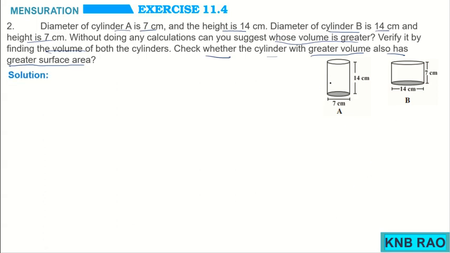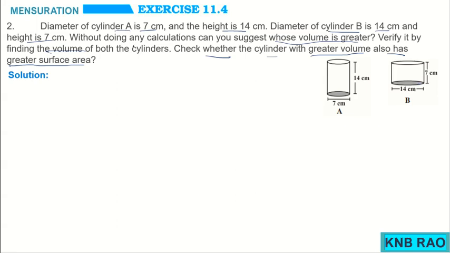You may guess, sir, the longer one will have more volume. Or somebody may think that, sir, the wider one may have more volume. In my opinion, unless and until I calculate, I cannot say.